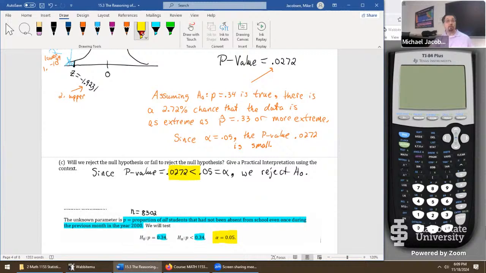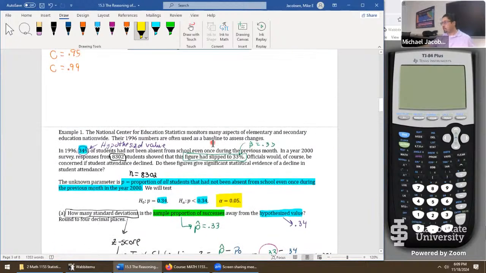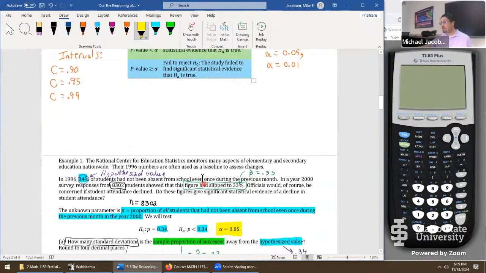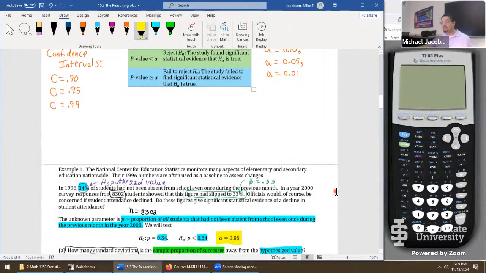Our p-value came out less, is leading to that rejection. And just as a reminder, there is a table up there in the notes. Let's just take a quick gander at that. P-value less than alpha means rejection. Greater than or even equal to alpha means we would fail to reject. We wouldn't have evidence that the alternative is true. So that came from this table right here.